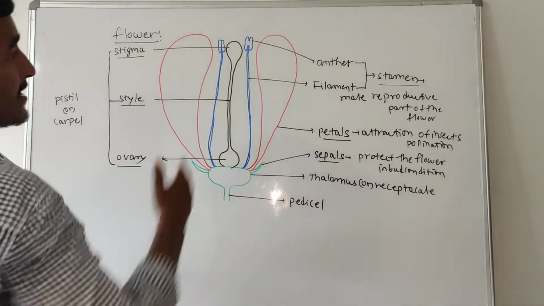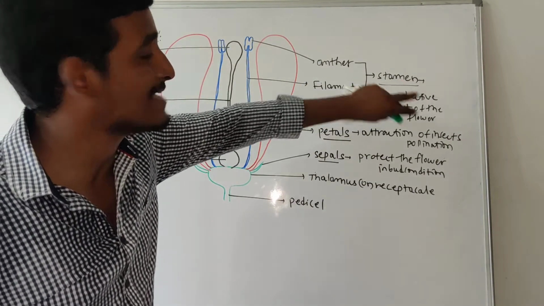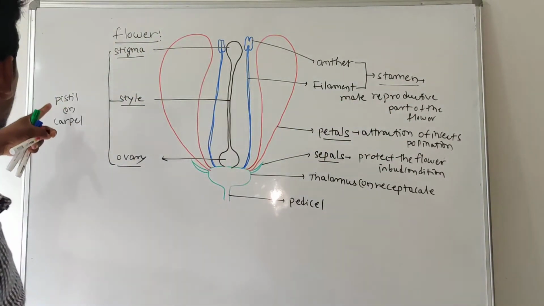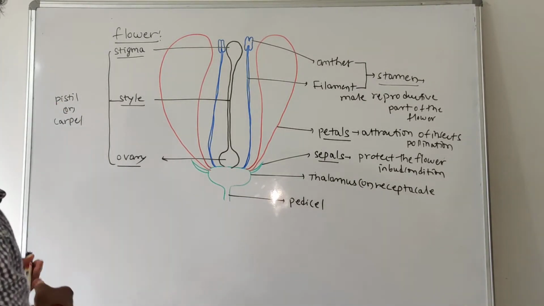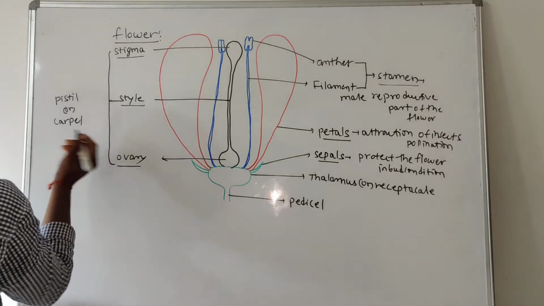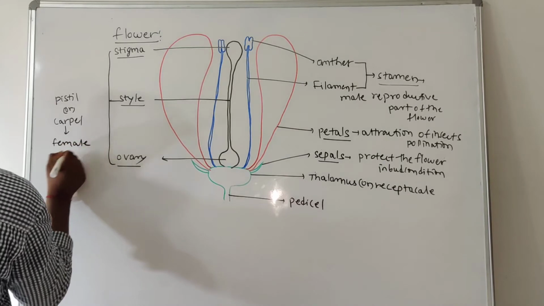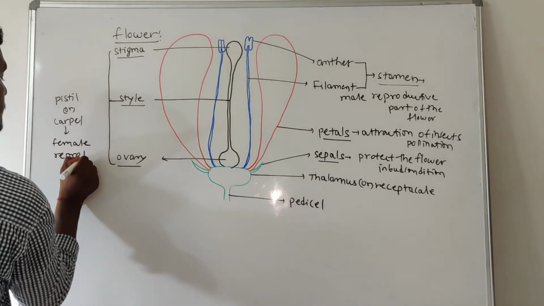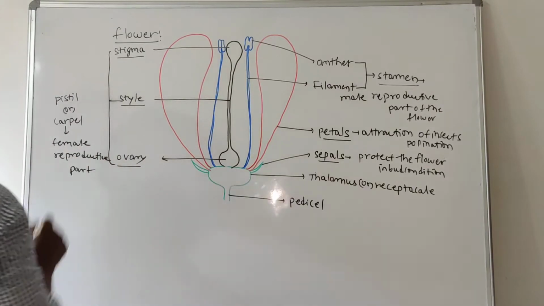The stamen is the male reproductive part and a group of stamens is called the androecium. The pistil is the female reproductive part of the flower and a group of pistils or carpels is called the gynoecium.